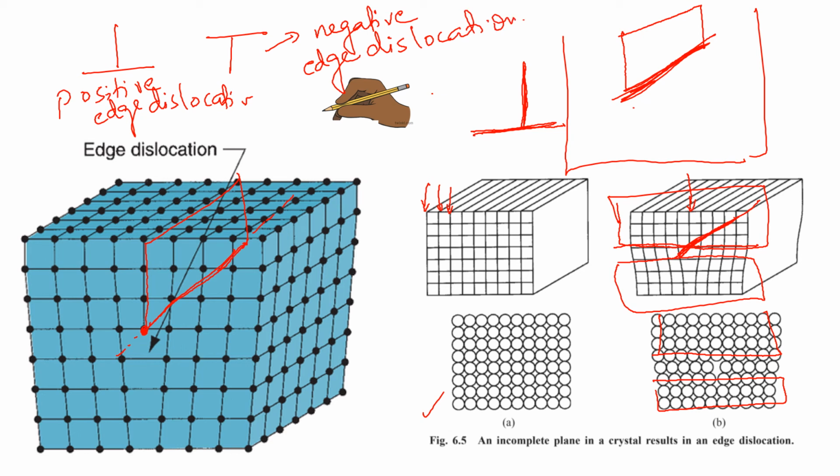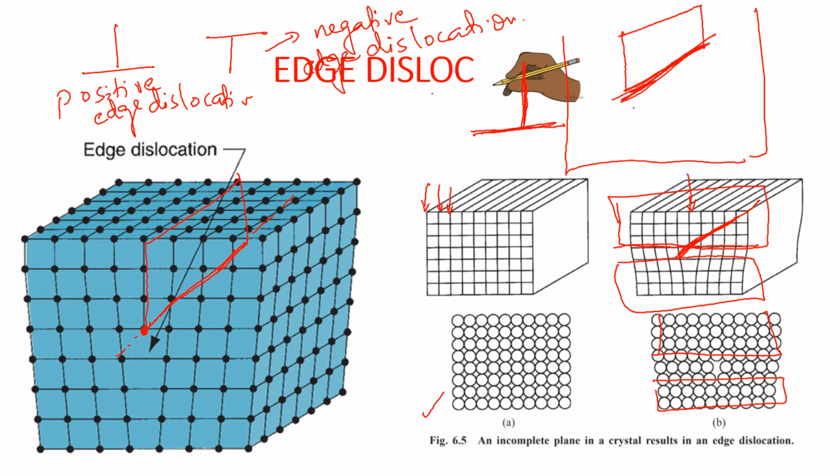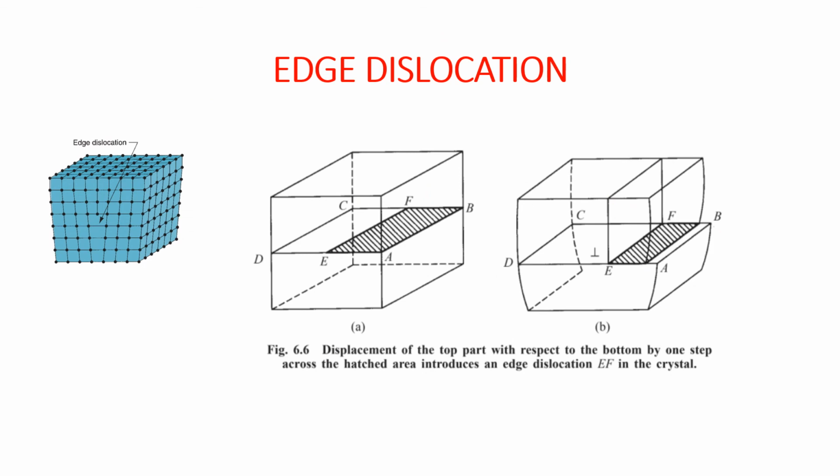Now we can look into the edge dislocation in another way also. Let us see that. This is the same arrangement, the same edge dislocated crystal drawn here.